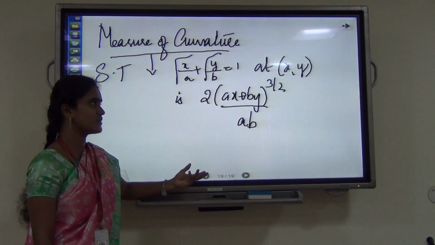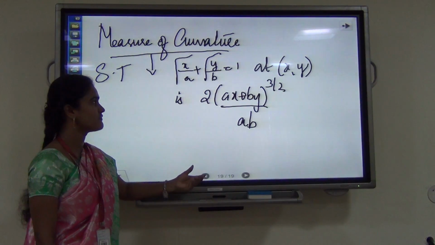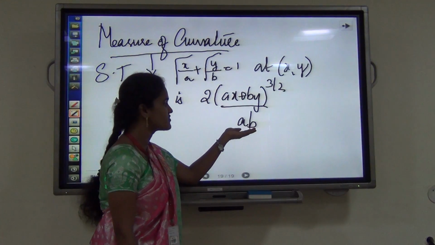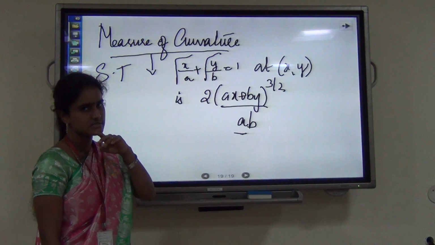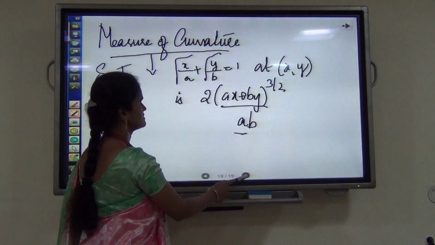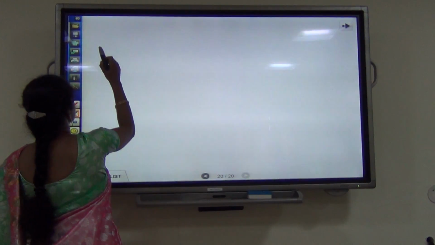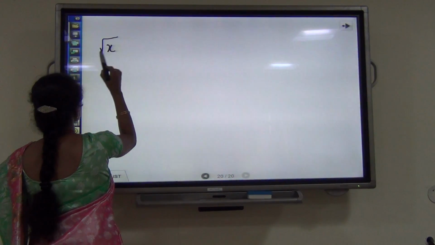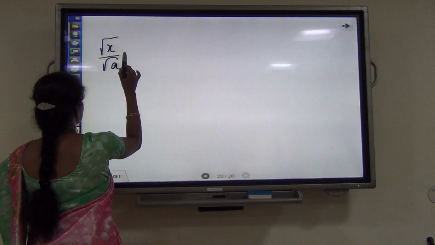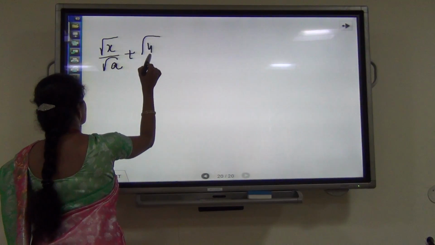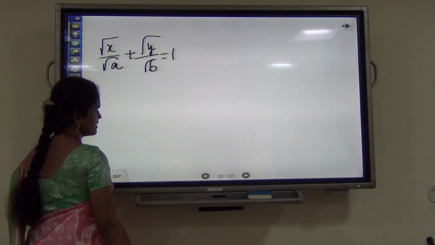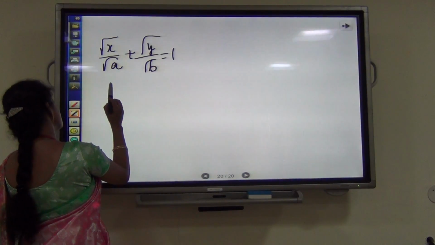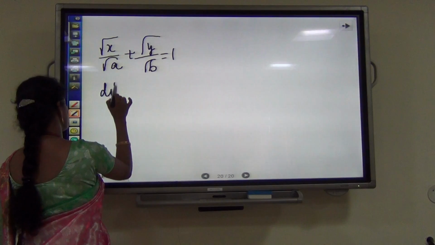Here it is a general point x comma y, and finally we're going to check whether we get the measure of curvature. We can write the curve as root x by root a plus root y by root b is equal to 1.